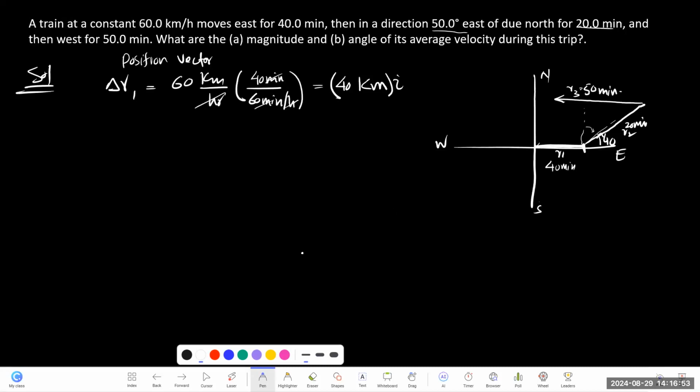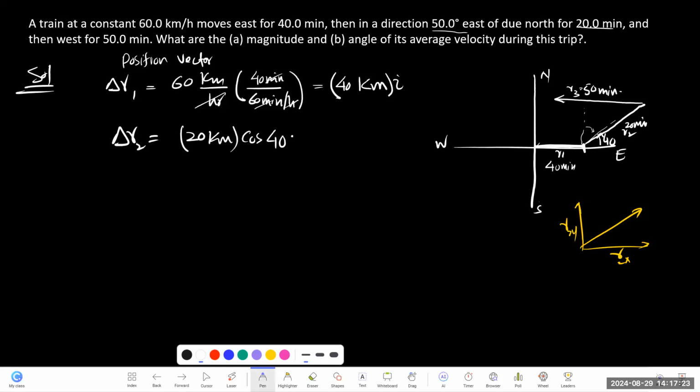In the same way, R2 does not have just one component. R2 is going this way, so it should have one component here, R2x, and one component here, R2y. So I'm going to do R2. Now R2 equals 20 kilometers, and then cos theta, where theta here is 40.